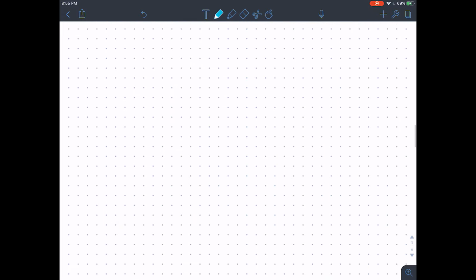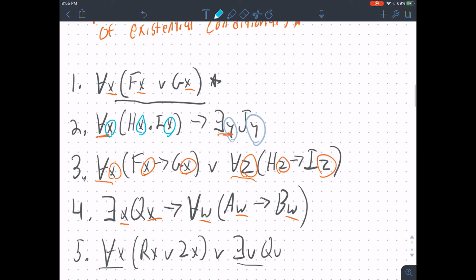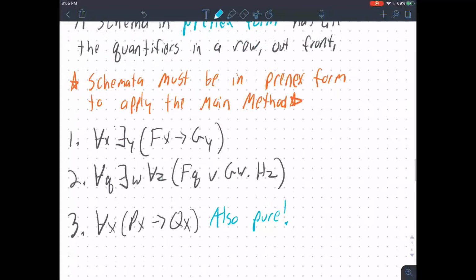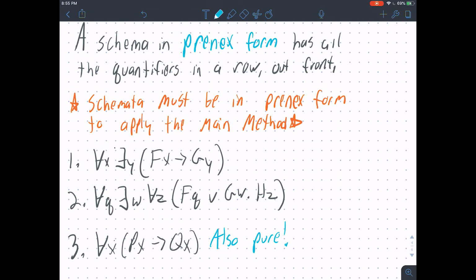And similarly, this is also in prenex form. And the reason is because it satisfies both of the definitions. So if we only have a single quantifier and no free variables, then the schema is usually going to be in both prenex and pure form, right?